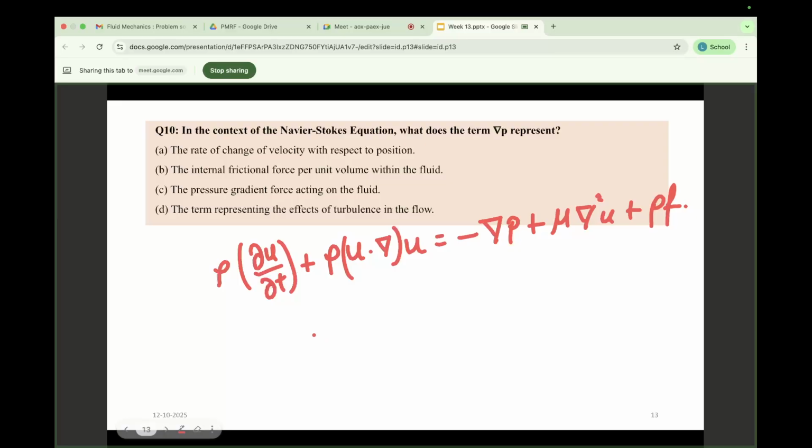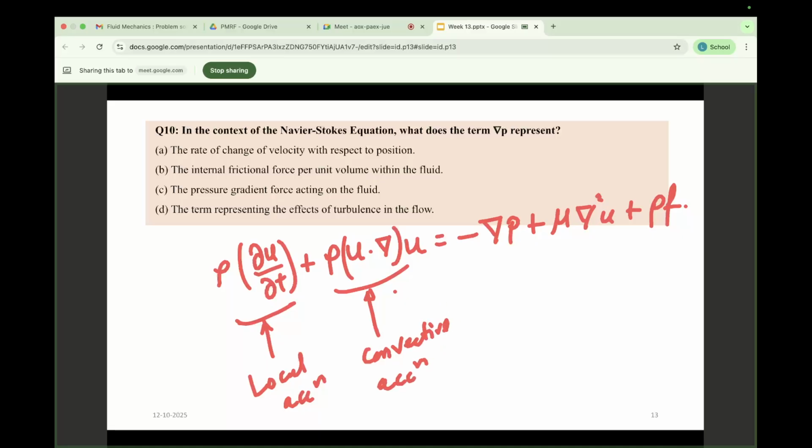So what is the importance of which term? Basically, these two terms are our acceleration term. This indicates local acceleration. This indicates convective acceleration term. So these two in total represent the total acceleration term.